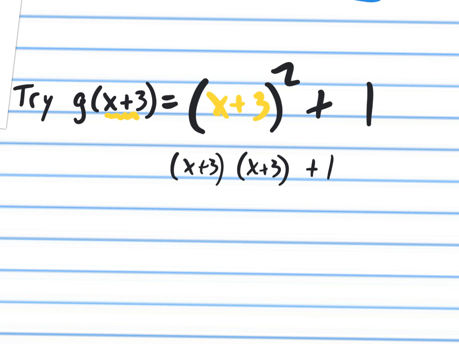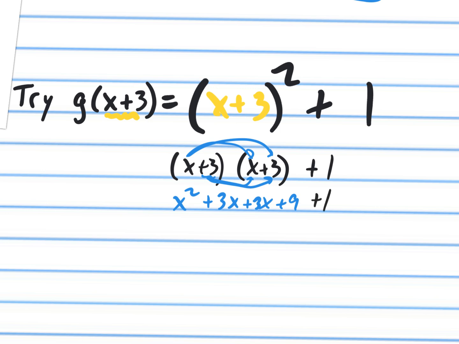And of course, when you multiply a binomial with another binomial, you have to do distributive property and combining like terms afterwards. x times x, x squared, x times 3, 3x. And then 3 times x is another 3x, and 3 times 3 is 9. And of course, you bring down that 1, and then you combine like terms.